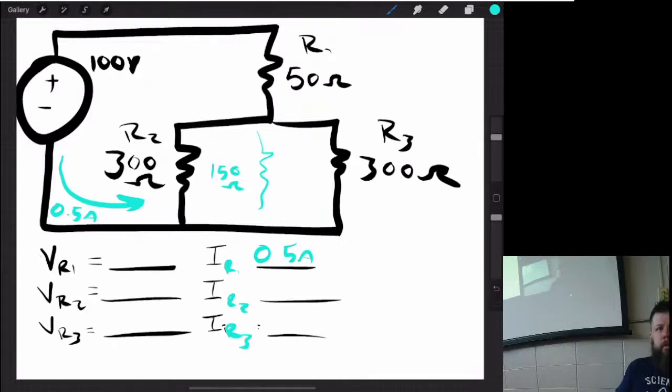75 volts, right? Okay. So now I've got 75 volts across R2 and R3, which I can go ahead and put right there. 75 volts, 75 volts, which means how much voltage do I have going across R1? 25 volts, right?